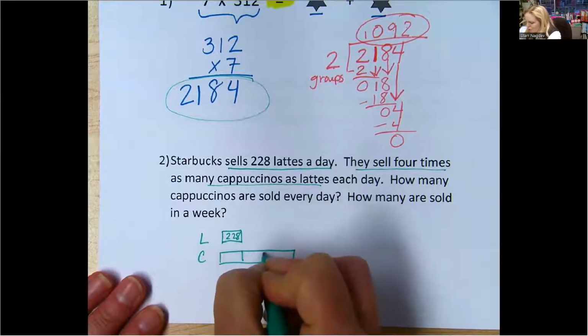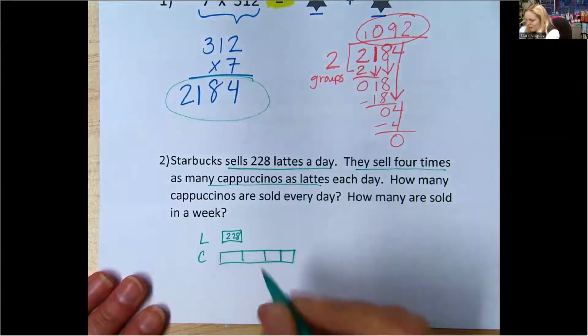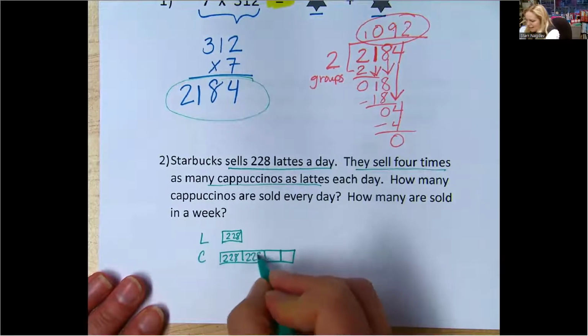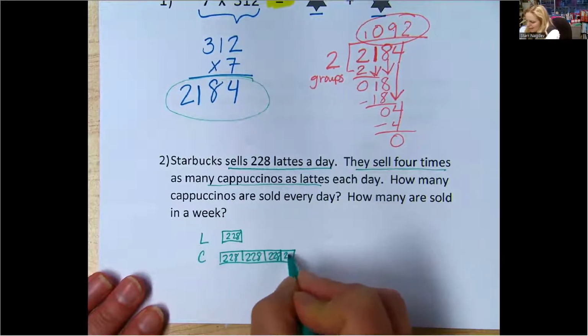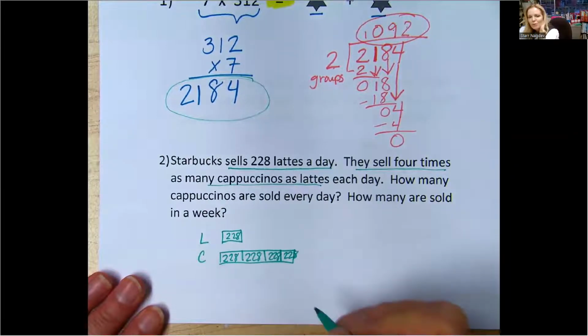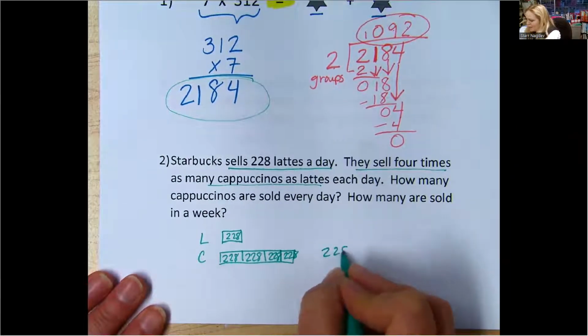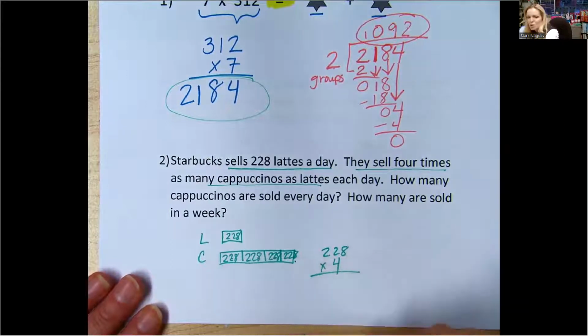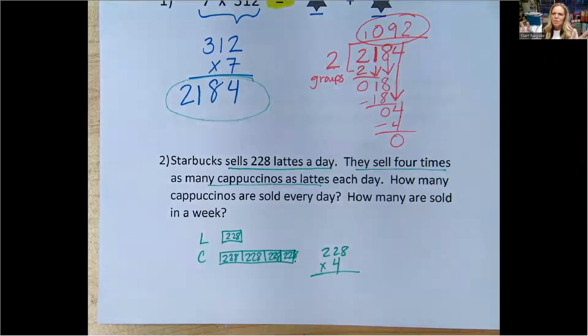And so if I'm working with the same value there, then each unit is 228. And I would know that all I need to do to solve for that is 228 times 4. 4 times as much. Remember, there are some other questions where we have some and we're including all the units. In this case, we're just solving for the total amount of cappuccinos.